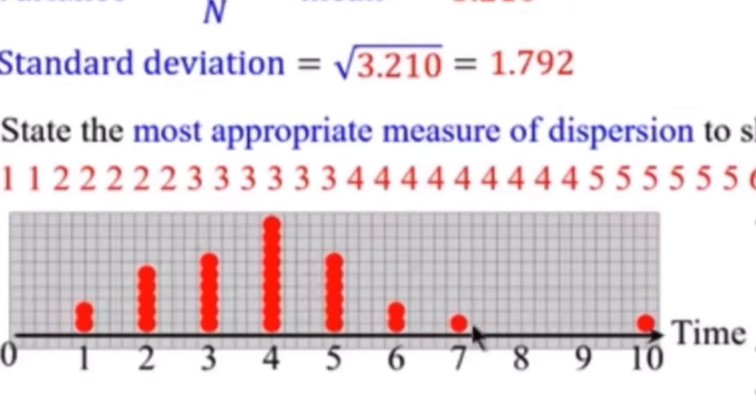So our conclusion is we will choose the interquartile range as the most appropriate measure of dispersion for answer B.